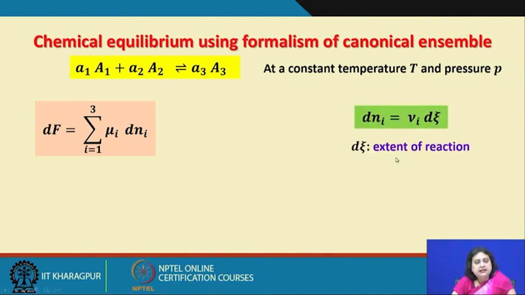So, let us say that dψ is the extent of reaction. Now, this will result in a change in the number of particles of each species present in the medium as dNi equal to nu i into dψ, and that is because of the existence of this stoichiometrically balanced chemical equation for the chemical reaction.